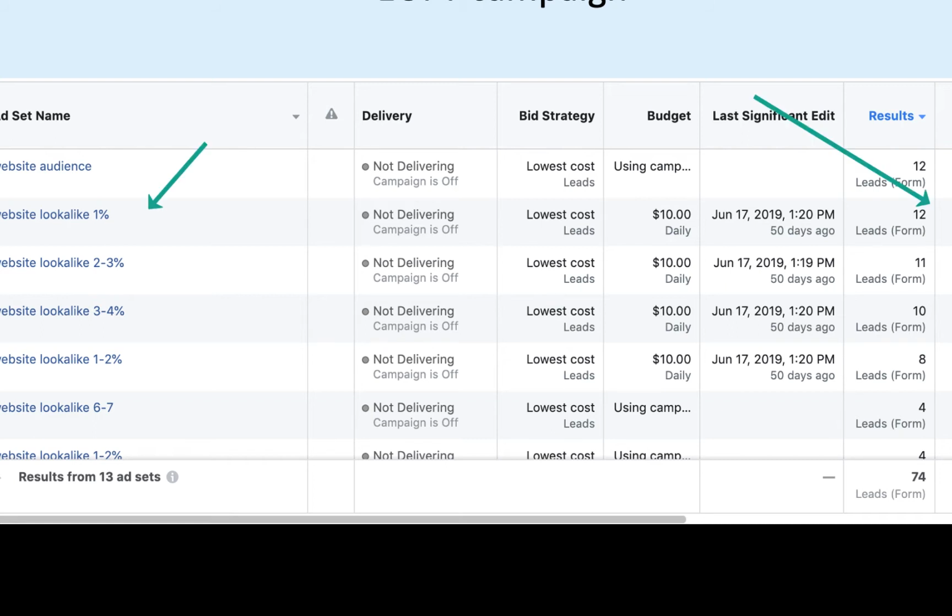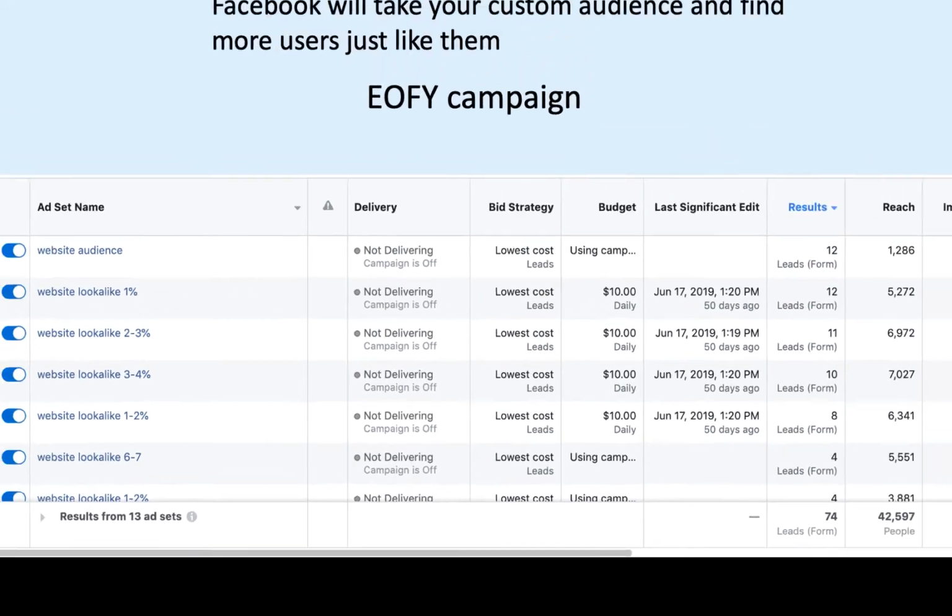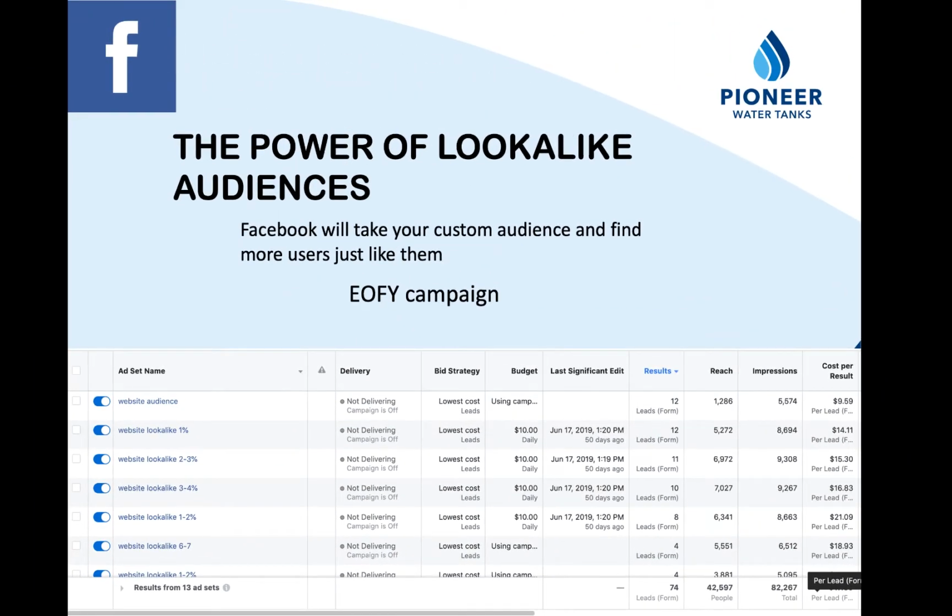We can see that website lookalike 1% also got 12, 2 to 3% got 11, 3 to 4% got 10, 1 to 2% got 8, 6 to 7% got 4, et cetera. That's Facebook going out and finding people that are very similar to the base audience, in this instance our website audience, showing our ads to those people and getting a result as well.